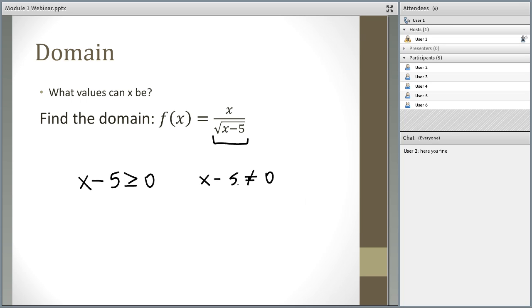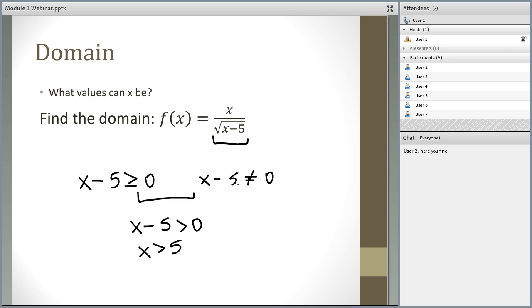So if we combine these two, x minus 5 has to be strictly greater than 0. Under a square root we can typically have 0, but because the square root's in the denominator of a fraction, we can't have 0. So that means that x has to be greater than 5.